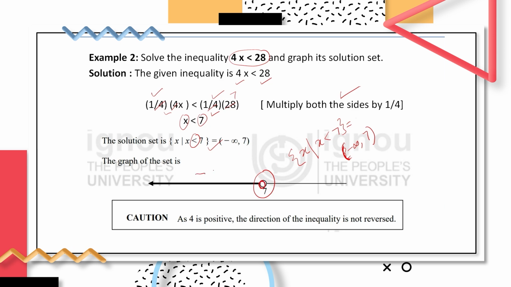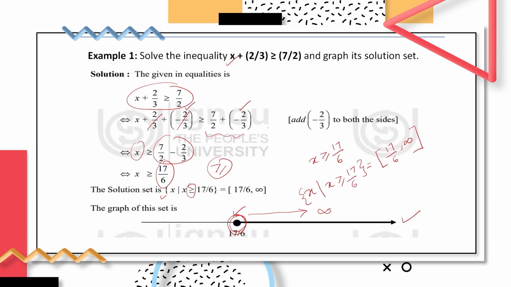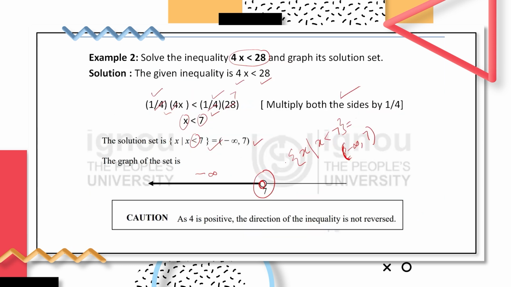And all the terms up to minus infinity which are less than 7 are considered as a solution of this inequality. Apart from this, the second observation is about the brackets: the symbol of the bracket when both points are included is this, and over here it should be this, and this part should be a curved bracket.